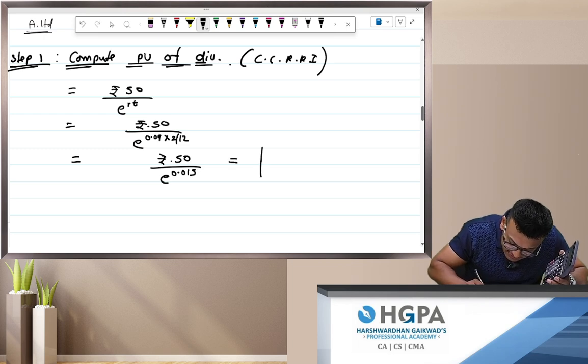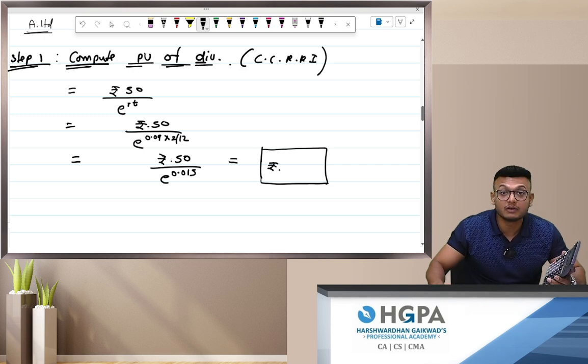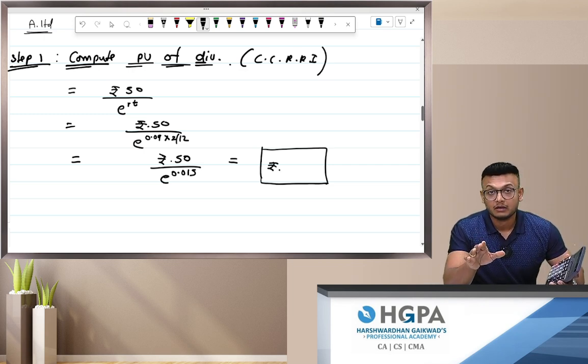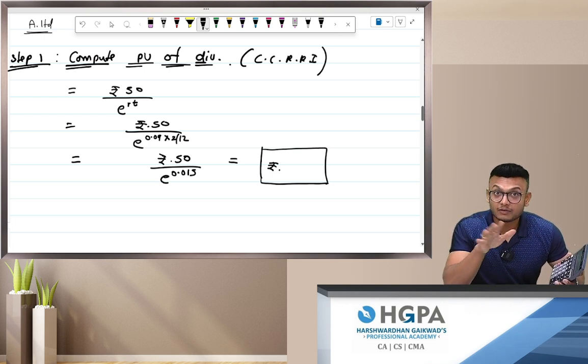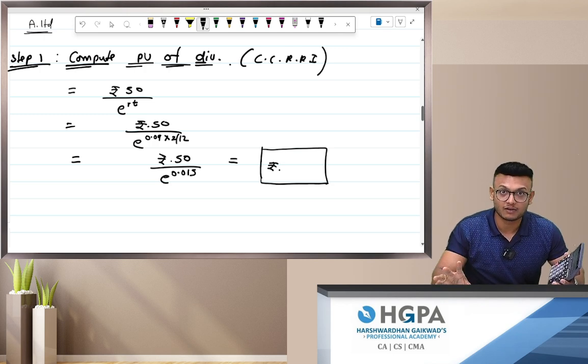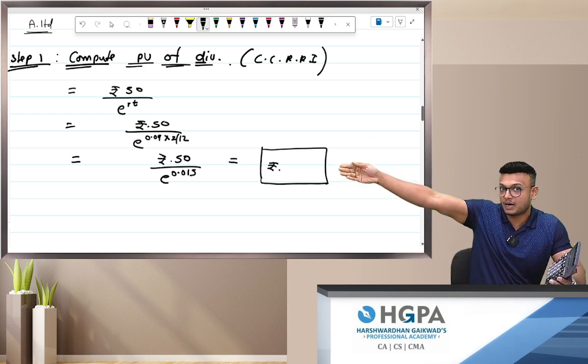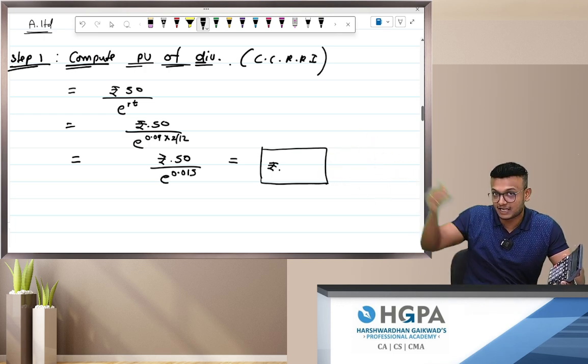Tell me what is the present value of rupees 50? By the way, the answer has to be less than 50 only. If it goes beyond 50, you have gone somewhere wrong. You are computing the present value of 50 bucks, which is received after 2 months.